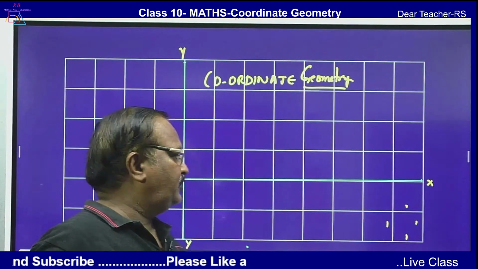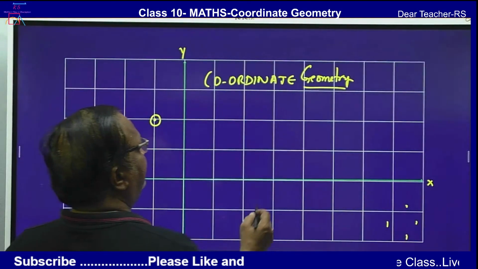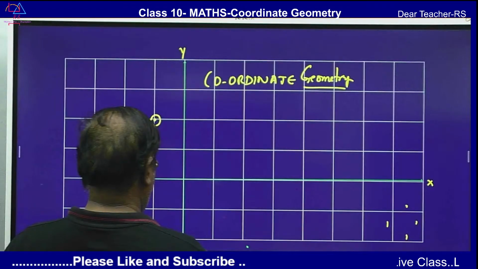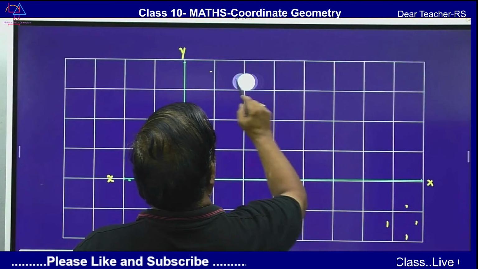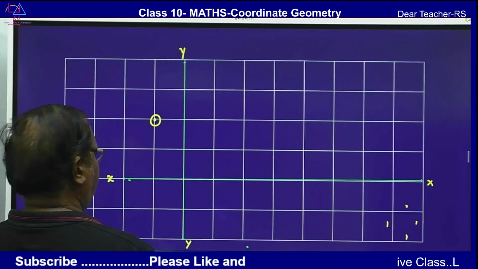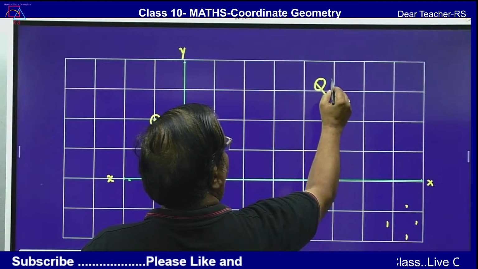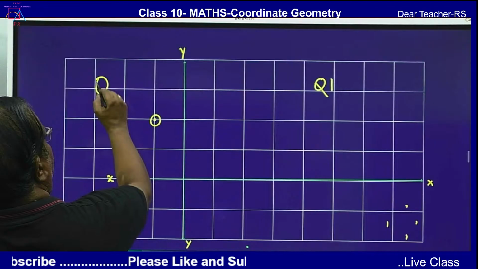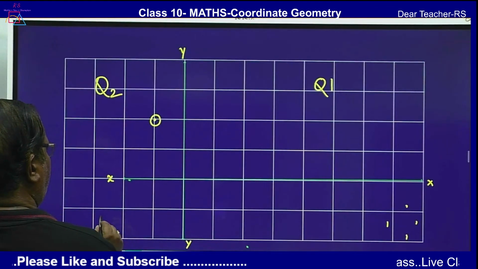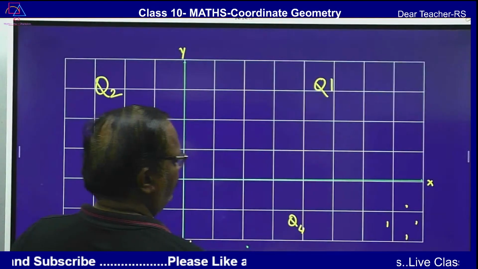Now these two axes divide the entire coordinate plane into 4 parts. This is one part, we call it quadrant 1, the first quadrant, this is quadrant 2, this is the third quadrant, and this is the fourth quadrant.